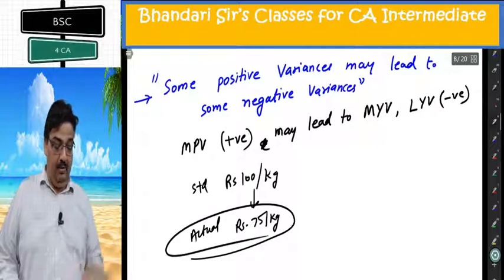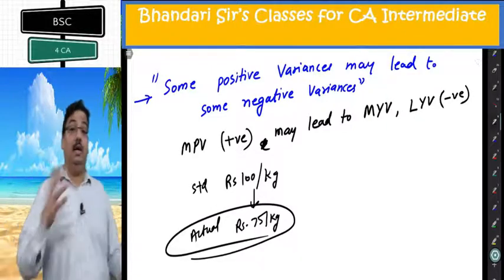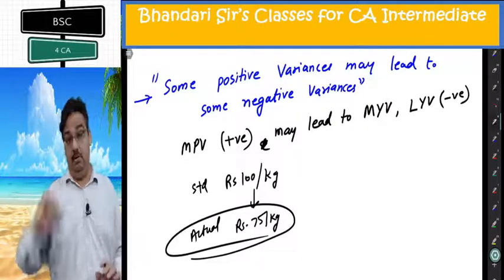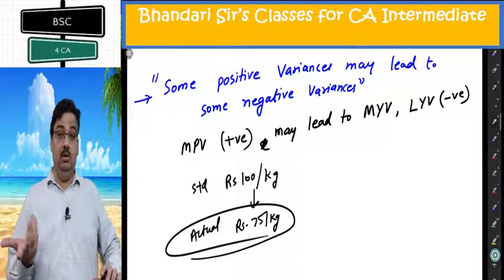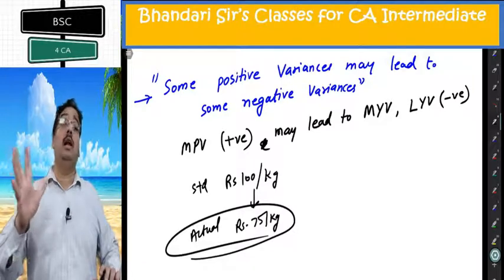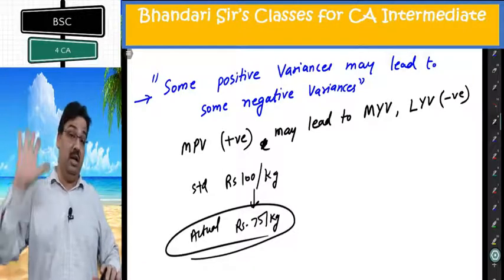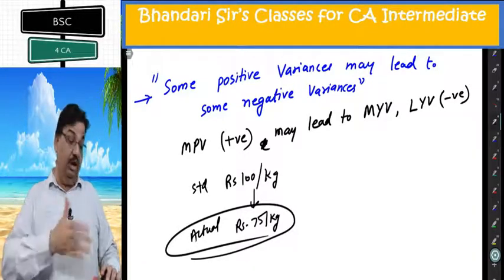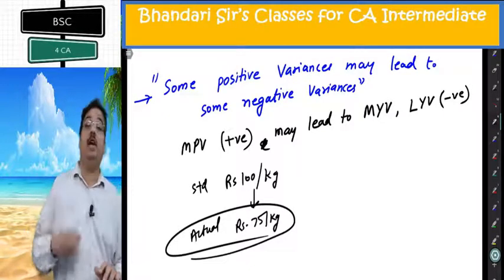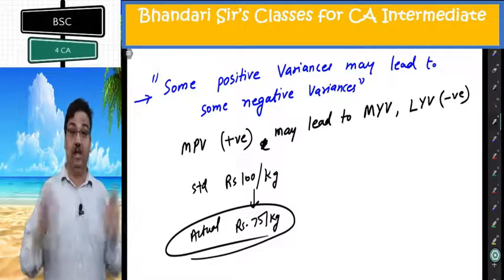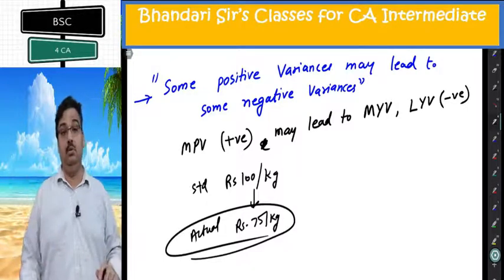But what will happen? The output will decline because there is a bad quality of material. Input output ratio will get worse. The product was to be created with 1 kg, it gets created with 3 kg. So obviously yield variance will be negative. Labor had to work, instead of 3 hours, 5 hours, 6 hours to create the same product.